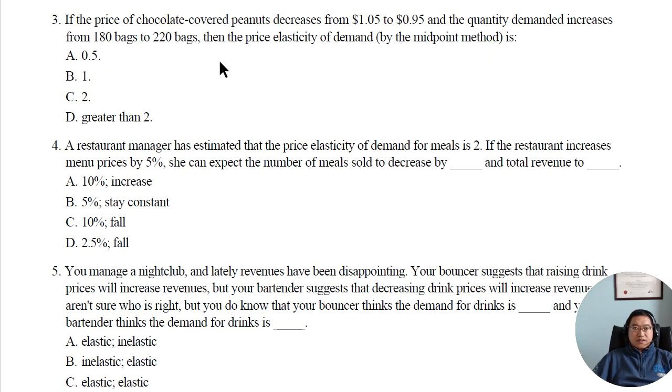So now let's look at question 3. If the price of chocolate covered peanuts decreases from $1.05 to 95 cents, and the quantity demanded increases from 180 bags to 220 bags, then the price elasticity of demand by the midpoint formula is what?